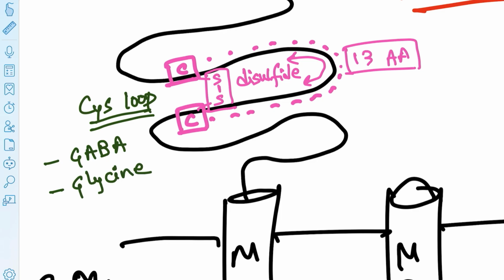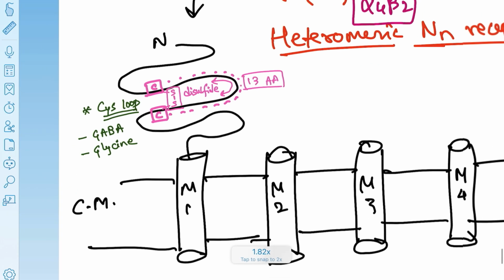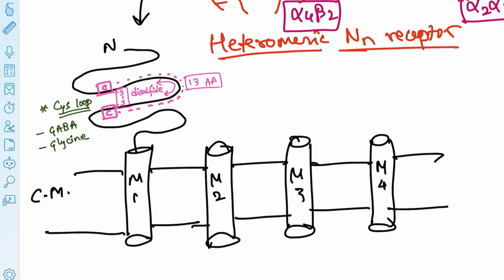So if scientists see any ion channel that is forming this disulfide bond of two cysteine molecules, which are separated by 13 amino acids from each other, they put that particular type of ion channel into the cysteine loop family. Is that clear? So based on this, we identify this nicotinic acetylcholine receptor as a cysteine loop family ion channel, right?